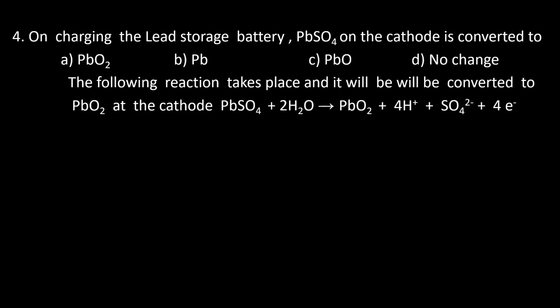Now here at the cathode, this reaction will take place so that the PbSO4 will be converted to PbO2 by losing electrons. So the correct option is A option, that is PbO2.